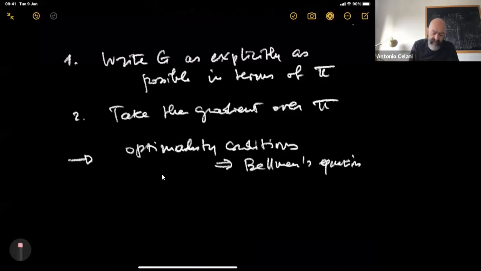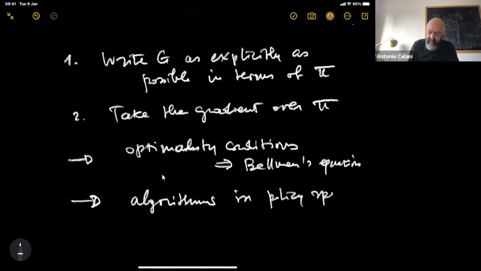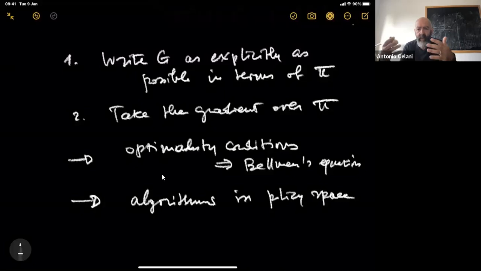The second thing that we get is algorithms in policy space, which are different from value iteration. Value iteration was obsessed with the value function. There's only the value function, and then the policy comes at the end. But here we will introduce new algorithms that at every step deal with policies.